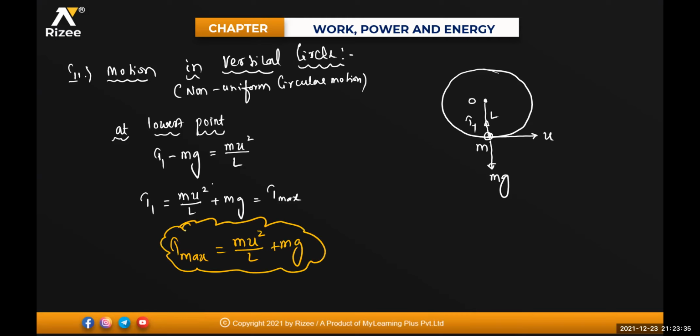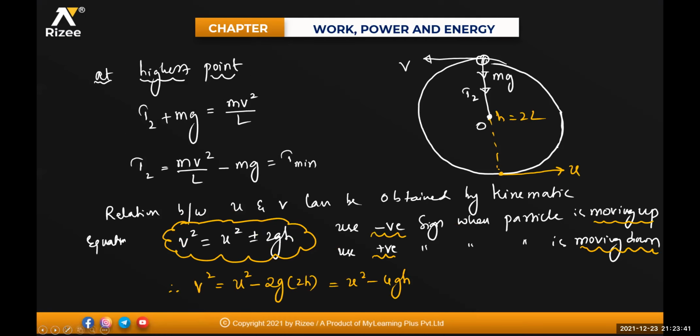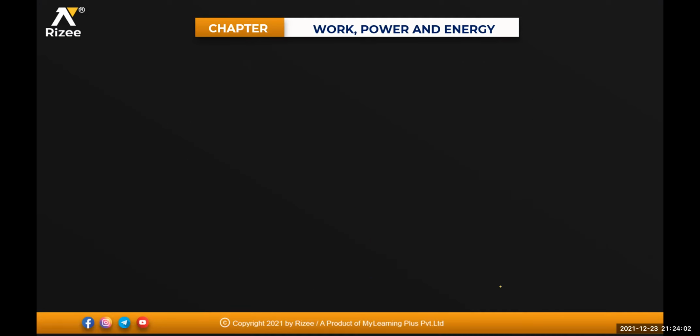Okay. And when the body is at the highest position, T will be the minimum. So we are getting T minimum equal to m v square divided by L minus m g. So this will be your minimum. Done? Sure. Next one, and very important.